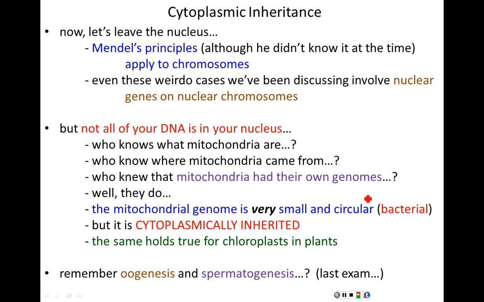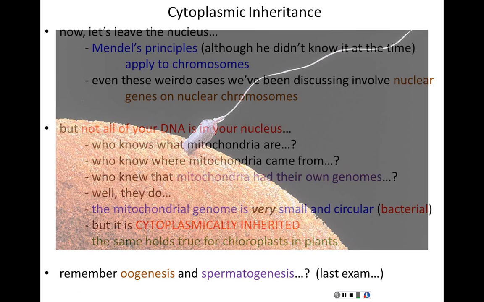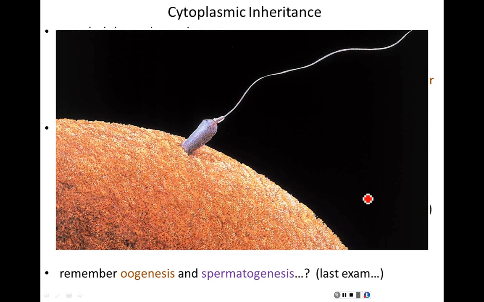Now dig into your memory banks for pre-exam material and think about oogenesis and spermatogenesis, the creation of gametes in males and females. Remember I showed this picture? And we made the point that the female egg is so much larger than the male sperm.